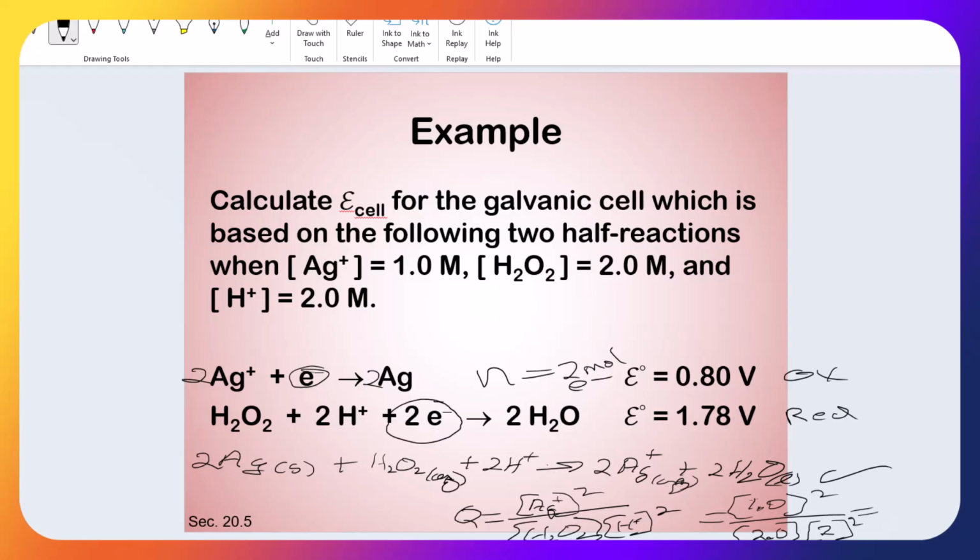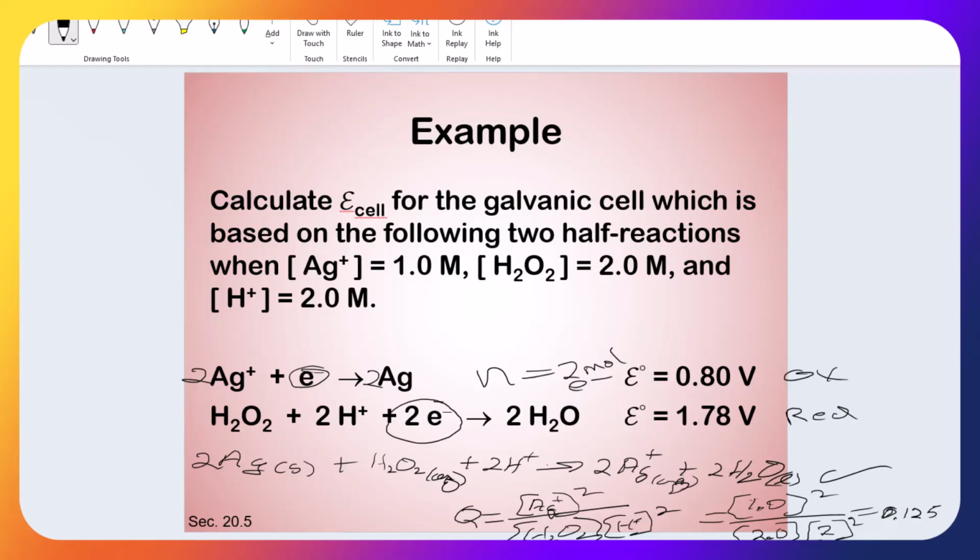So let's go ahead and figure that out. So that's just 1 squared, which is 1, divided by 2 times 2 squared. And that gives me 0.125. So that is my Q, 0.125. Now I have everything I need.